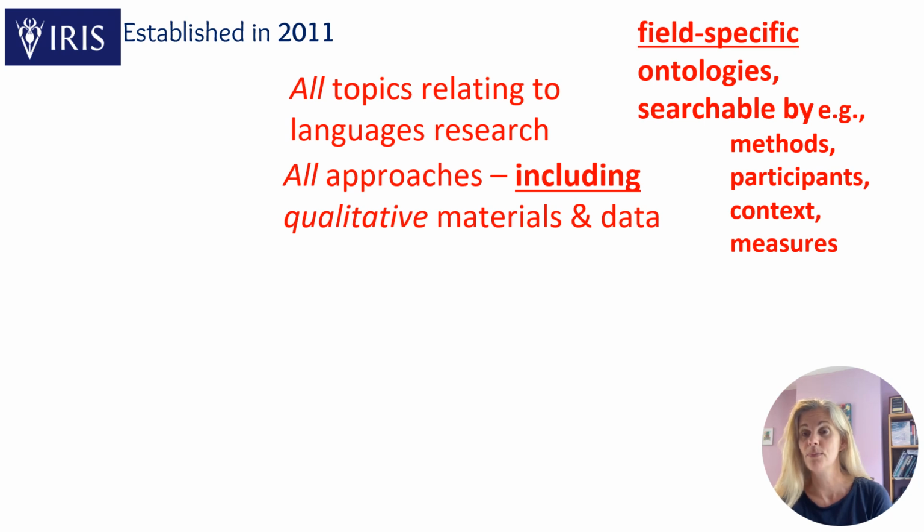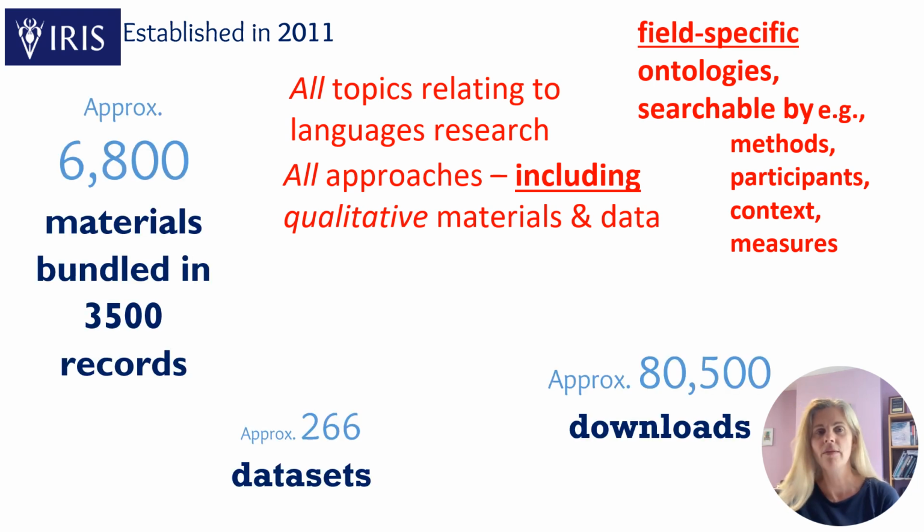This means lots of metadata that's searchable by different methods, participants, context and measures. We have about 6,800 materials bundled into 3,500 records. We've got about 266 data sets, and IRIS has had about 80,500 downloads.